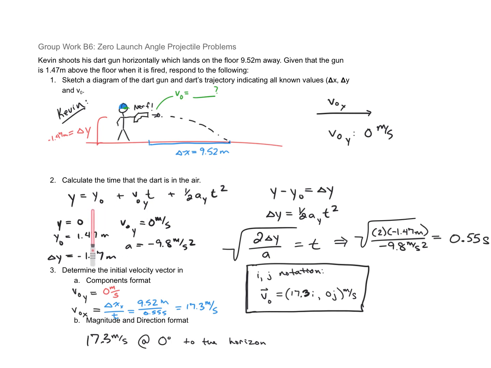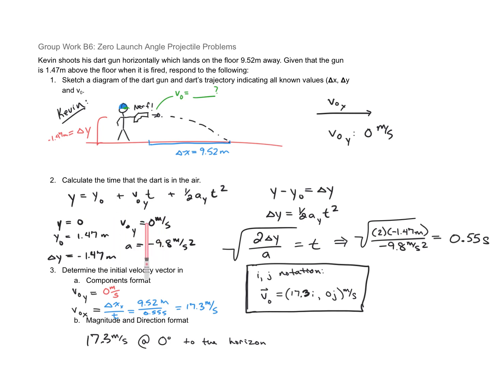If you're trying to figure out the time that something is in the air, it's dependent on the y dimension. It doesn't depend on the x. These two things are separate. They're independent. So the time depends on the y dimension. I set the initial position to be 0, which means that this height it was launched from is 1.47 meters, so the displacement in the y dimension is negative 1.47 meters.